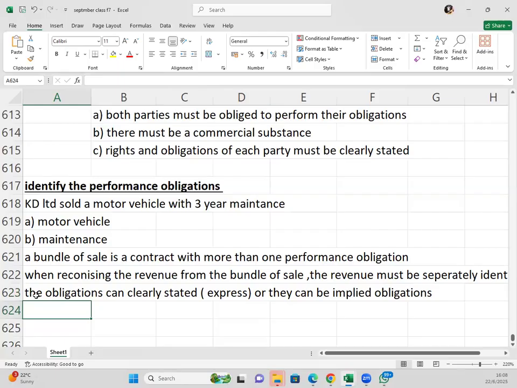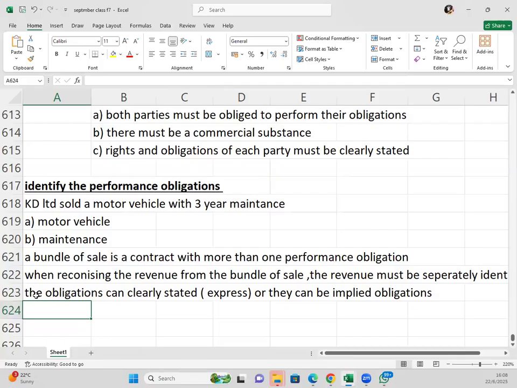So if you are a sales agent, your duty is to find customers that want the vehicles. The company says it sells the vehicle and maintenance, but your duty is just to find the customers. So the obligations do not arise to you, but they arise to the one that is the owner of the vehicle.